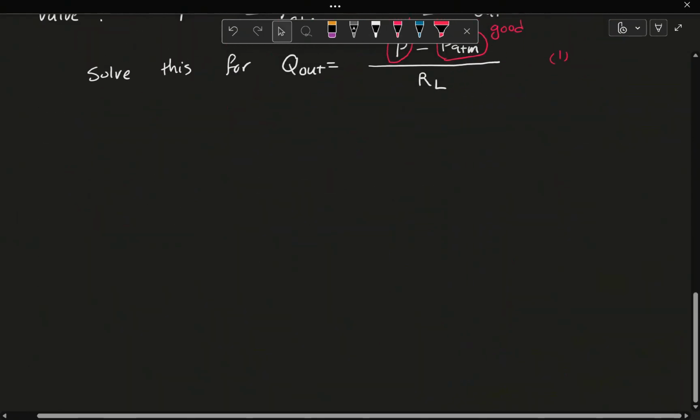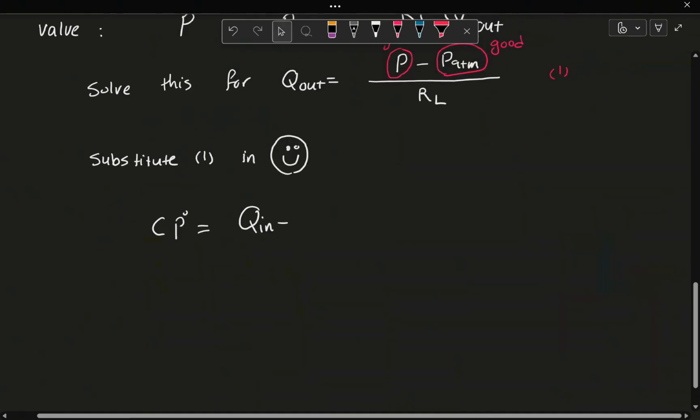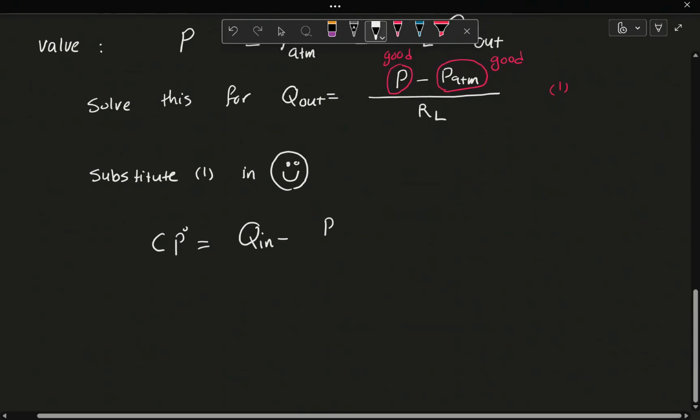Substituting equation 1 in equation smiley will get you, so let's say that C P dot equals Qn minus Q out. Instead of Q out, I'm going to put P minus P atmosphere over RL.